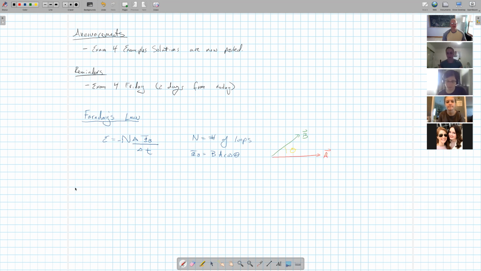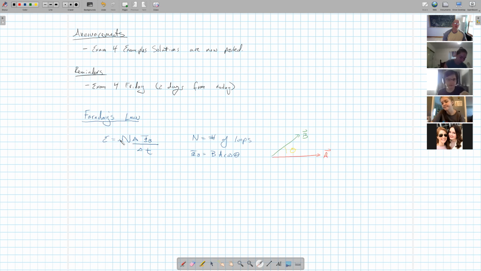Yesterday we were talking about Faraday's law. We said that if I have a time-changing magnetic flux, that induces an EMF, or power source, inside of something else, typically a wire, which has a resistance, which then induces a current, which then induces a magnetic field.